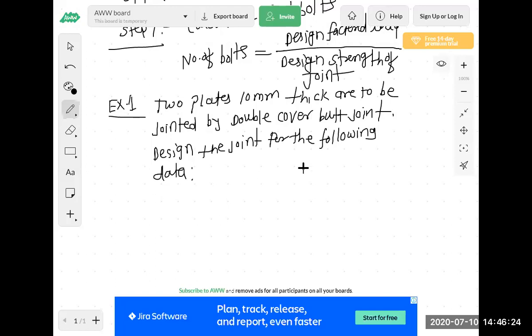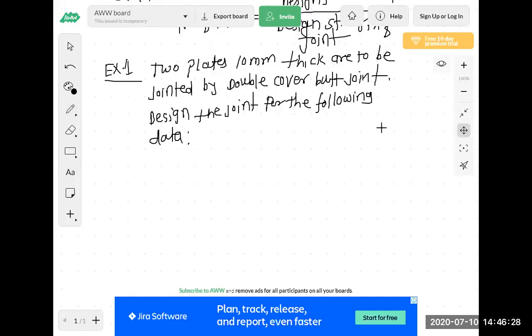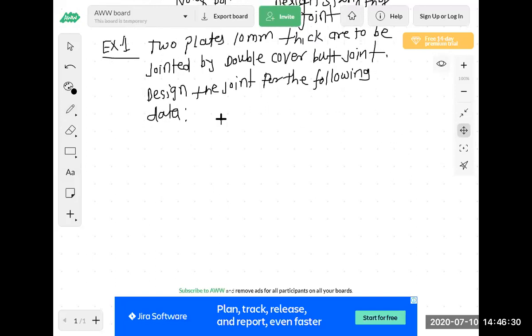That's it. Design the joint means that. Now what is the data given? Following data. So next line, small a.